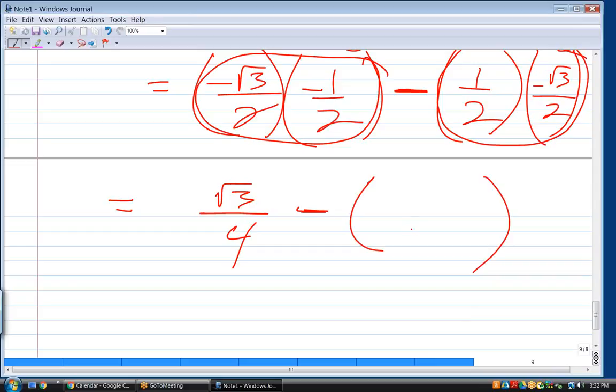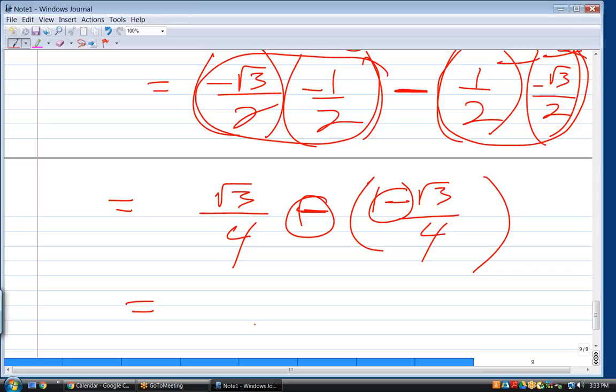Would it be positive because there's a negative on the left? Yeah, but do it in 2 steps. Multiply that by that, which gives you negative root 3 over 4. Now, because we have a negative and a negative, it becomes a positive. So what's the answer? So then it's root 3 plus root 3 over 4.